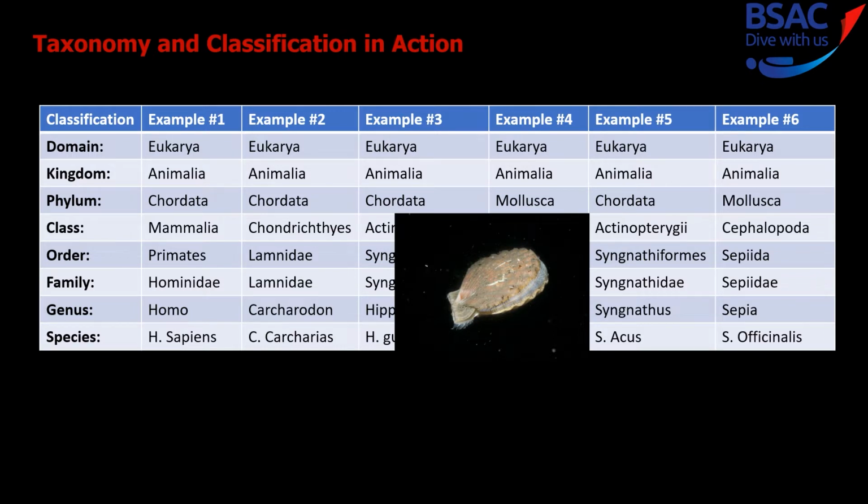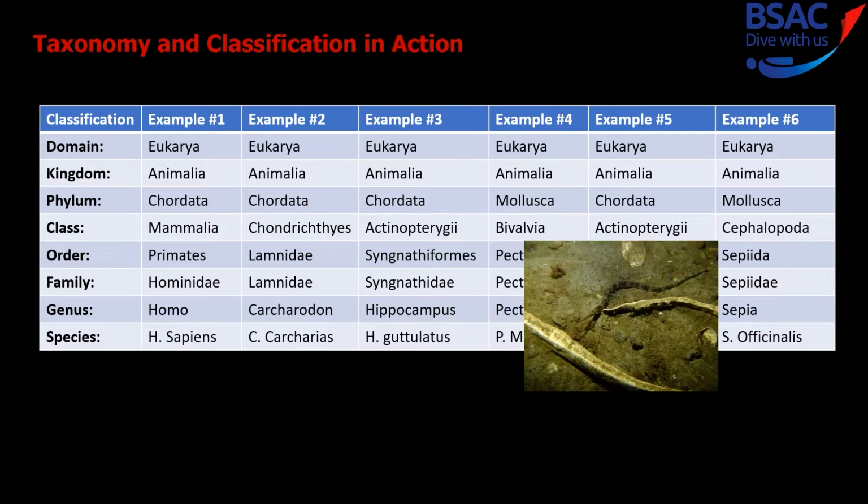It's also from the family Syngnathidae and species Syngnathus acus. So you can guess that the species is in the area of a seahorse, but not quite a seahorse. So then what is it? Actually, you may have seen it many times lying on the bottom in UK waters, as the common name is a pipefish.